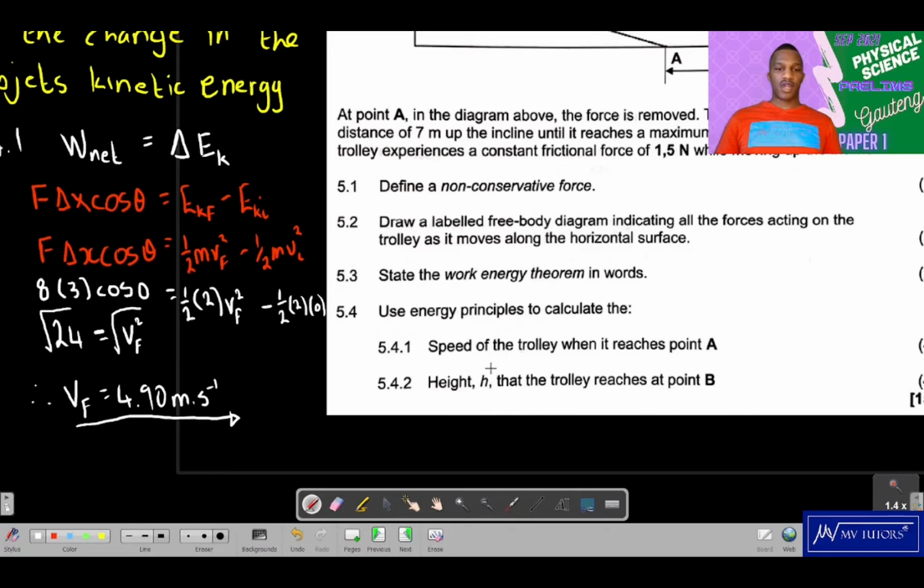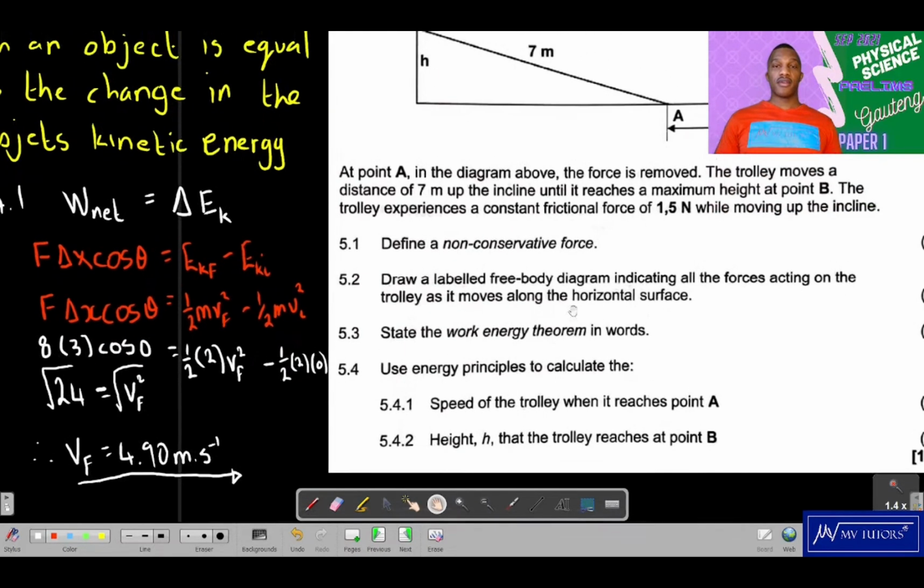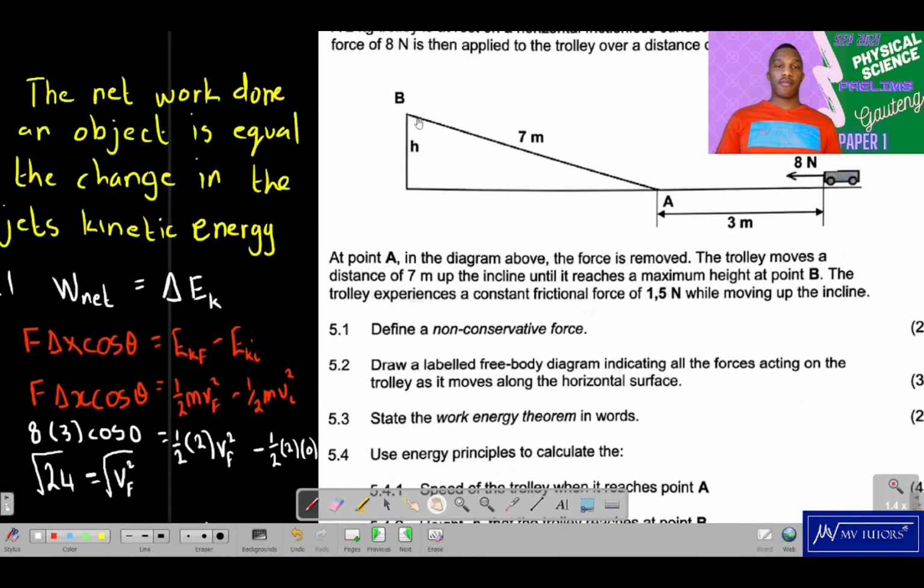Cool. All right, now they're looking for the height of the trolley when it reaches the point B. And the point B, if we look up here, we're going to find it up there.